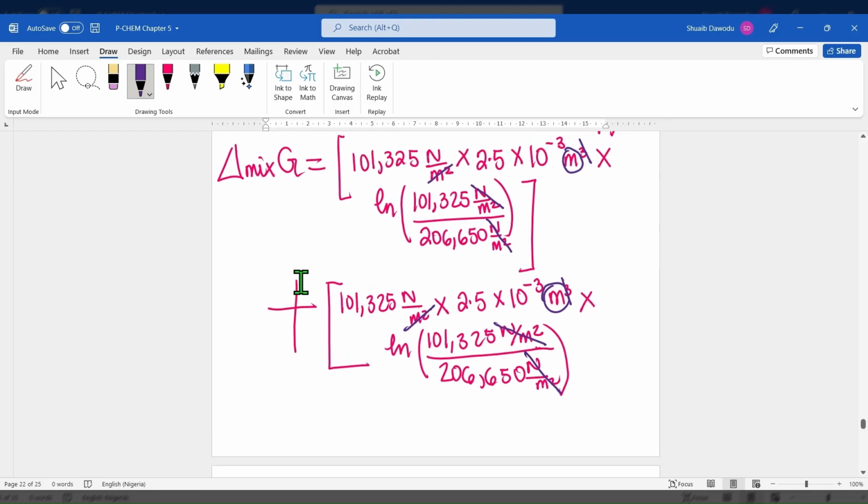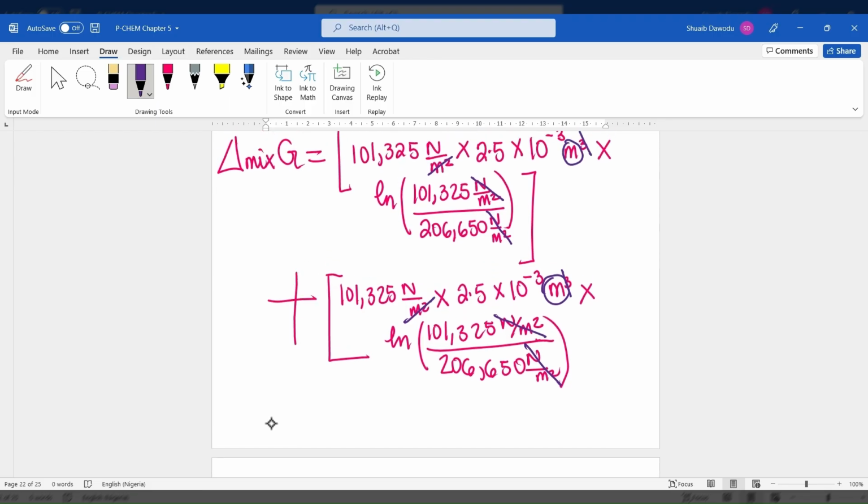Before we continue, we already know that 101,325 is half of 206,650, so we can cancel that out. Here it's 1, and here it's 2. The same thing here.